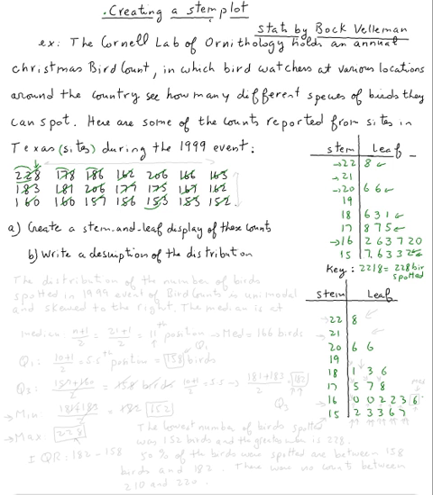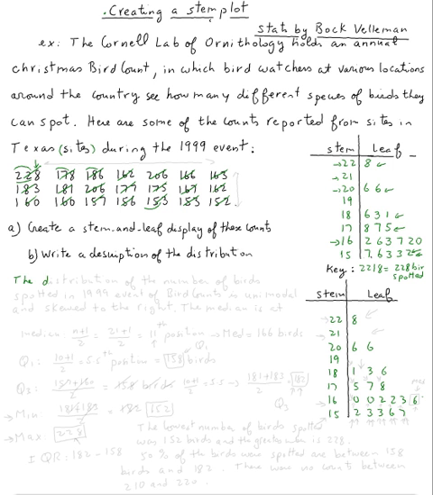Now, for question B, write a description of the distribution. So remember, for a distribution, we need to talk about shape and if there are any unusual features. So, first, like always, we start with the distribution of what?